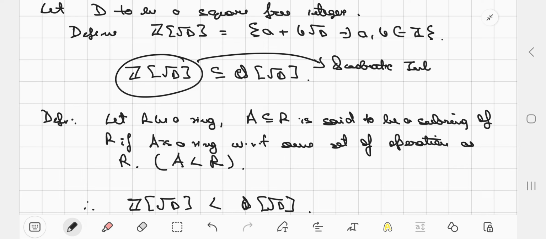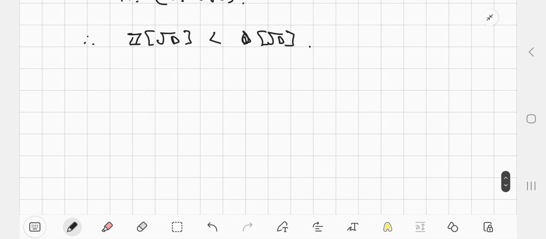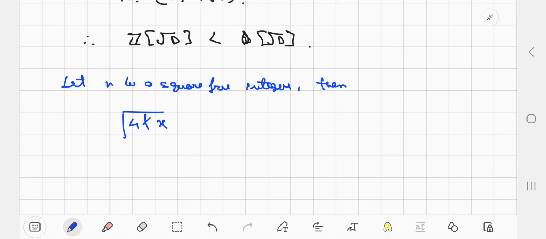Now observe that if I consider any square free integer x, then 4 will not divide x, because if 4 divides x, then x is no more square free, since 4 is basically 2 squared, right?